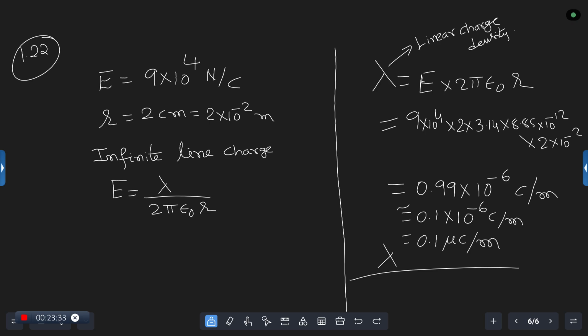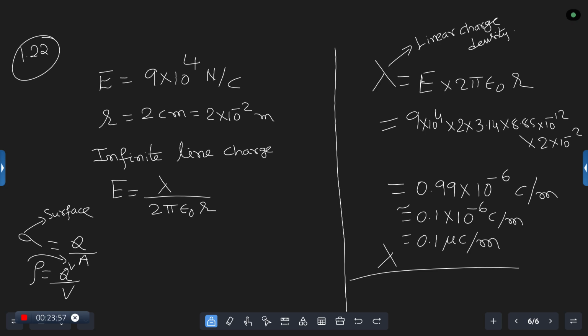Surface charge density, what is the formula? Surface charge density sigma equals what is the formula? Q by A. Very good. Next, volume charge density rho equals Q by V. Okay, this is surface charge density.